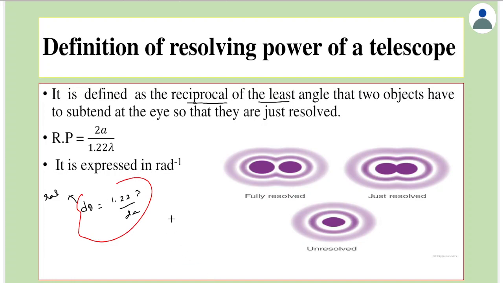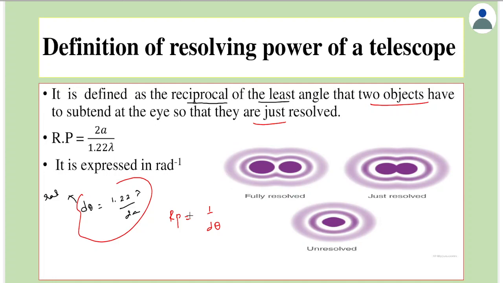So resolving power is equal to the reciprocal of limit of resolution. You can define it as the reciprocal of the least angle, because d theta was the least angle for which the two objects appear to be just resolved.